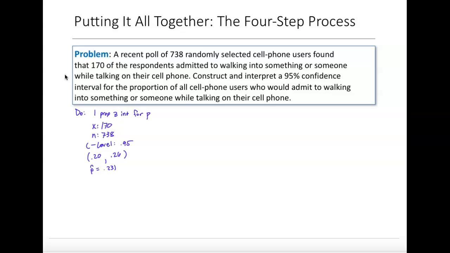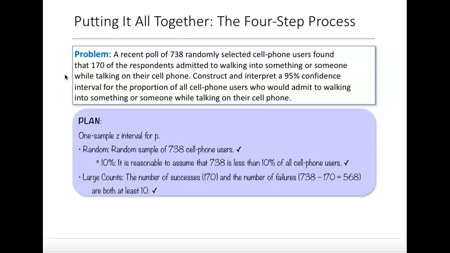So somebody verbalize what the conclusion would be. How do you interpret that? Do we remember the script? Sam? We are 95% confident that the interval from 0.20 to 0.26 contains the true proportion of people who walk into others while talking on the phone.